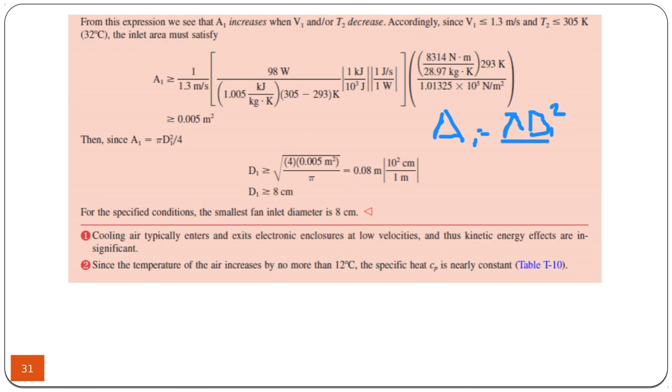So you find the inlet diameter to be greater than 8 centimeter. It must be greater than 8 centimeter so that inlet velocity can be less than 1.3 meters per second. So the fan inlet must be at least 8 centimeters to meet the criteria given at the statement of the question.